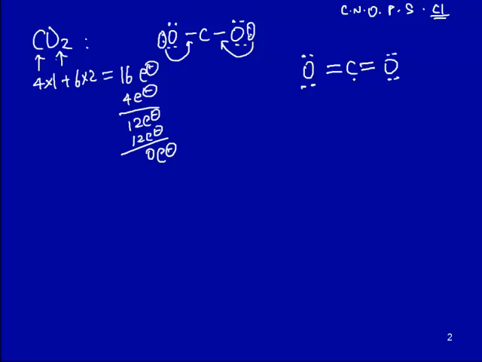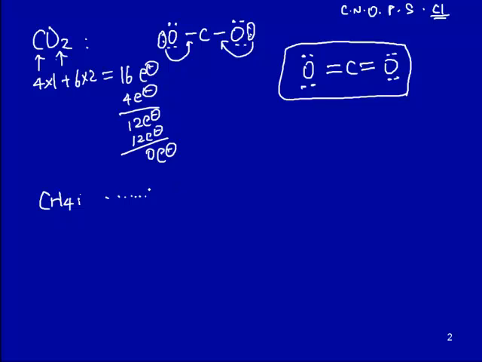So carbon has 8 now, oxygen has 8, and the other oxygen has 8. So this is the correct Lewis structure.